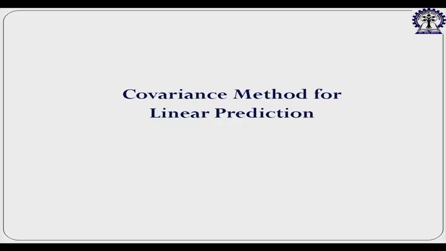So, this is the autocorrelation method I have described, and all other things I have described. Then there are other methods also. There is the covariance method for linear prediction.